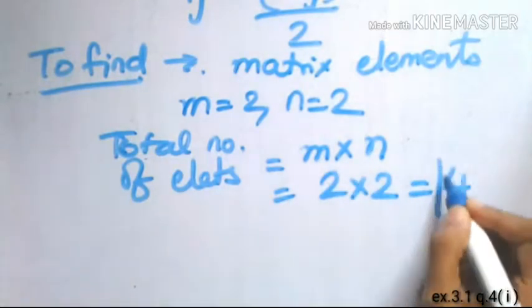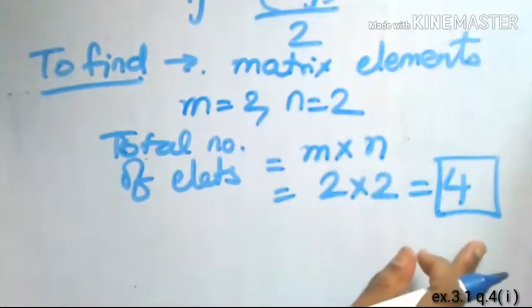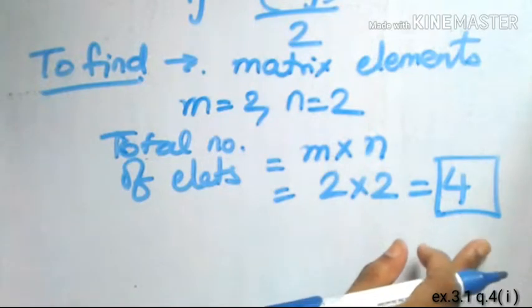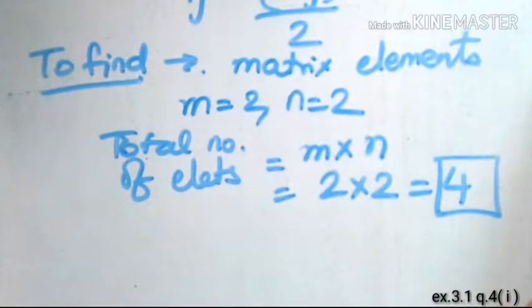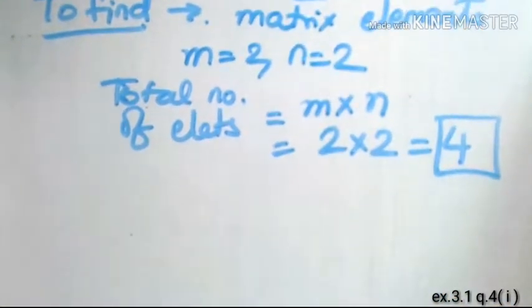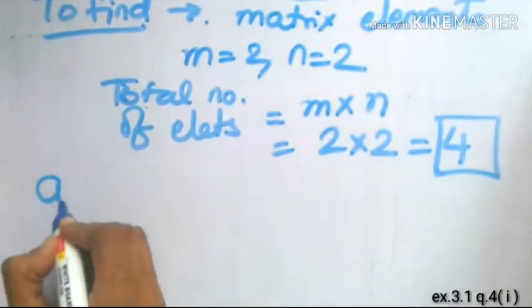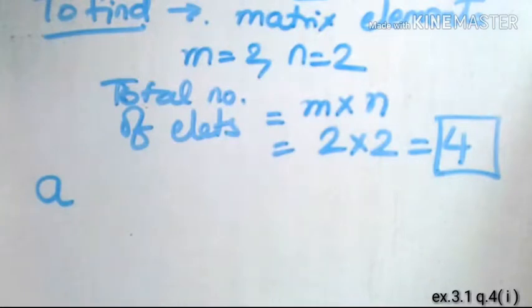So there are going to be 4 elements in my matrix. And how do I address those matrix elements? I know the formula. It is Aij, where i will take values from 1 to m and j will take values from 1 to n.